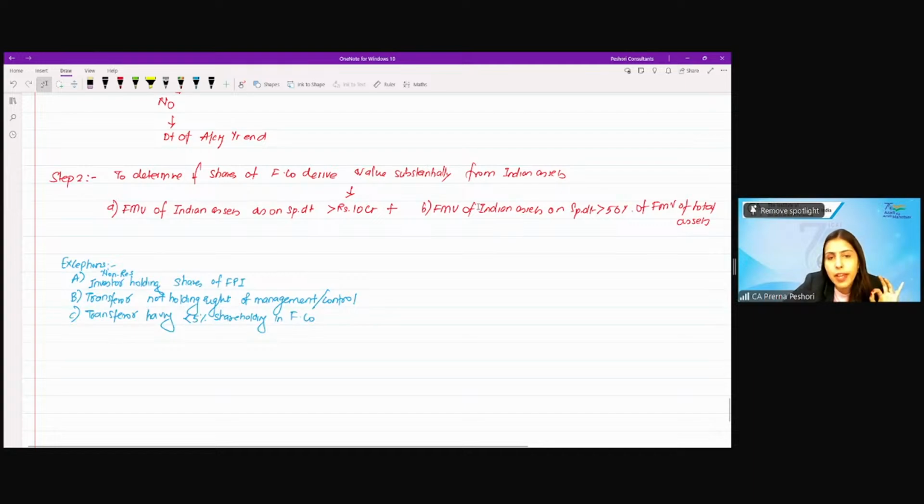So if you do not hold any right of management or control, nor do you hold more than 5% in the company, then you will be considered as not falling, even if you sell the shares of the foreign company which derives its value substantially from Indian assets, it would still not attract the indirect transfer provision in your hand. Are we clear about this, students? Yes or no? Yes. Any questions? Any doubt? Yes or no? Clear? Okay.